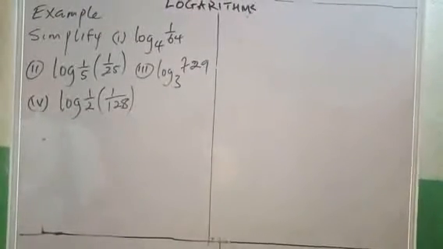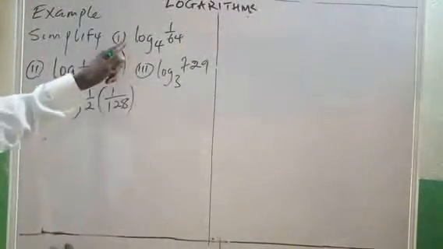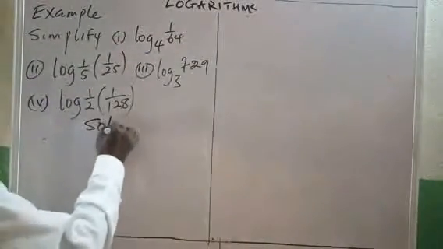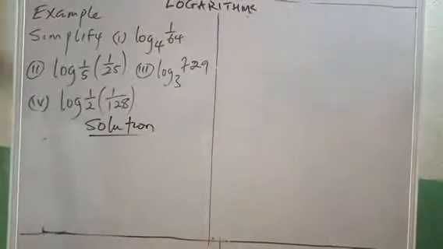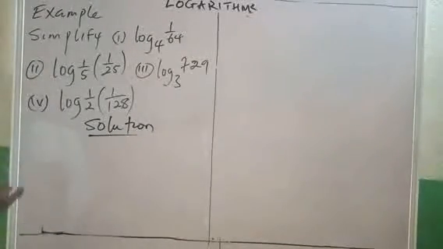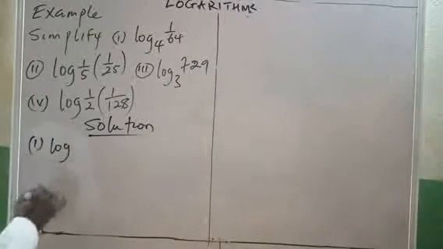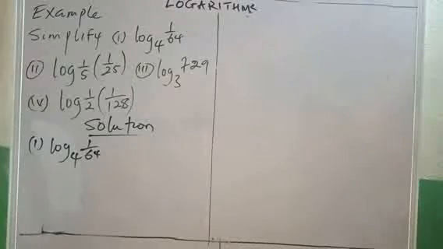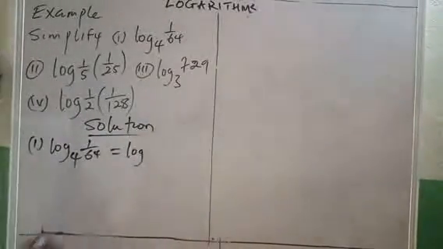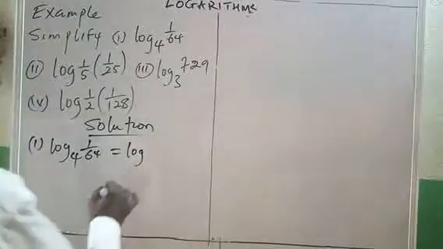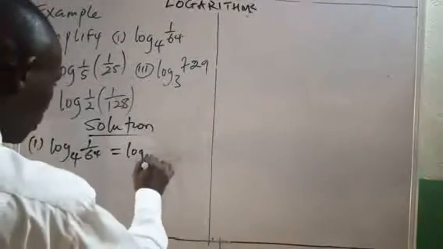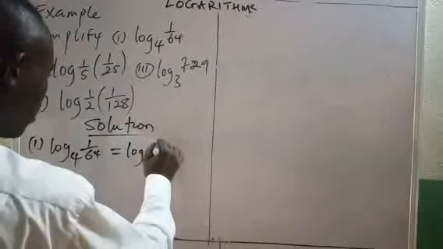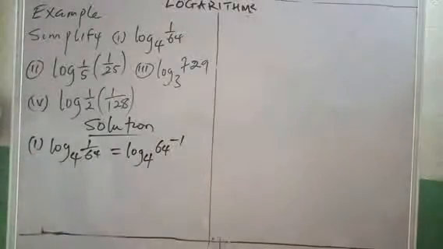So we have a simplify question. Solution. Let's pay attention very well. We'll take them one by one. One is log of 1 over 64 to base 4. This one is the same thing as log 4 of 64 raised to the power of minus 1.